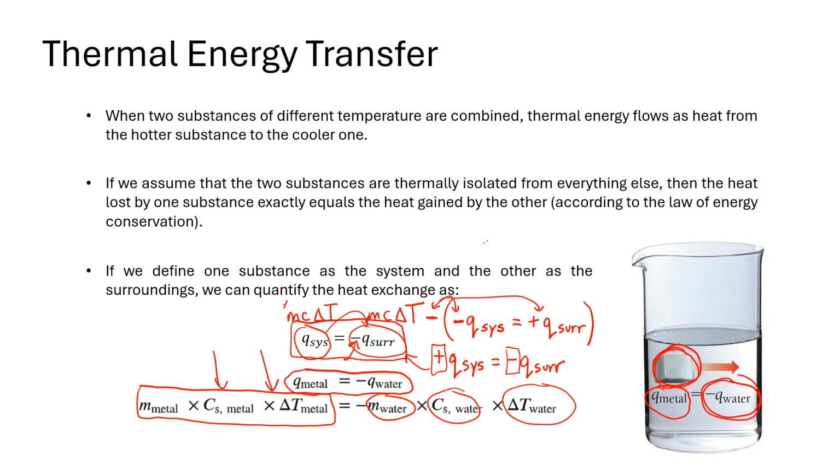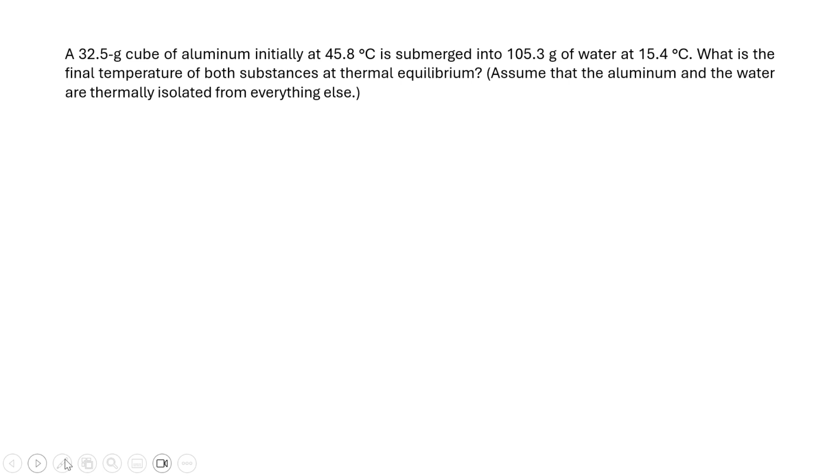Now, let's practice a problem related to this concept of thermal energy transfer from one object to another, or let's just call it system to surroundings. So here we have the first one.